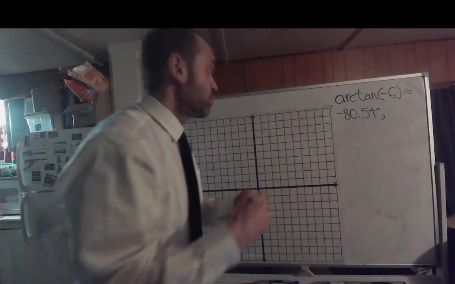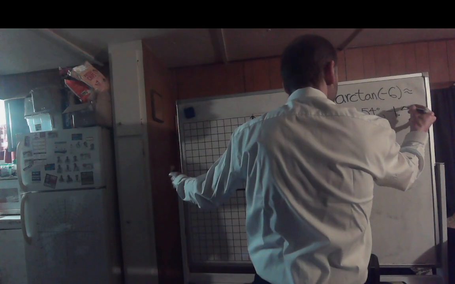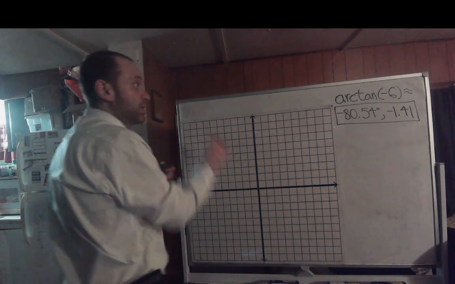So what does that equate to in radians? In radians, that's about negative 1.41 radians. So the arctangent of -6 is about negative 80.54 degrees, or negative 1.41 radians.